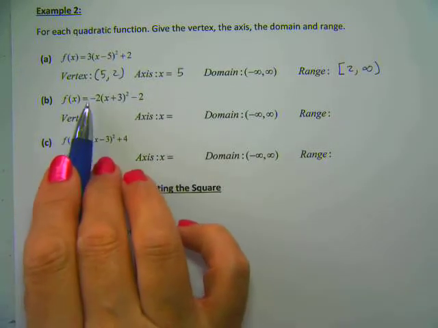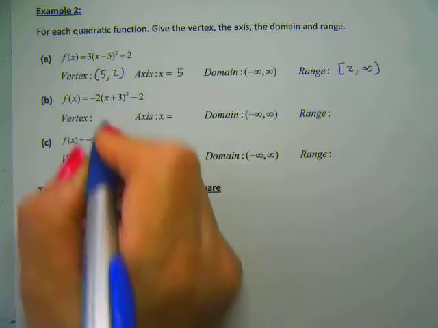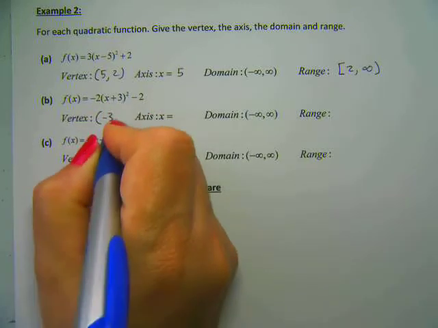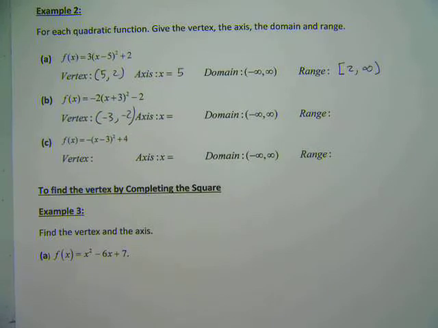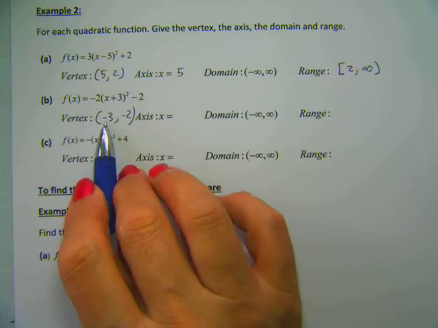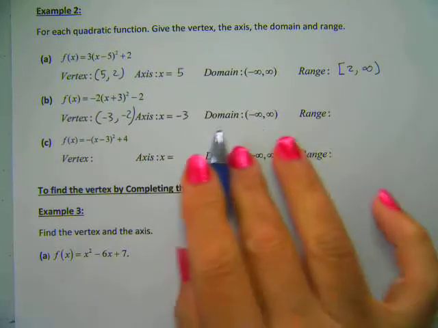How about this one? Negative 2, x plus 3 squared minus 2. Where is the vertex? It's at negative 3, comma, negative 2. What is the axis? The axis is at x equal negative 3. Again, domain is all real numbers.